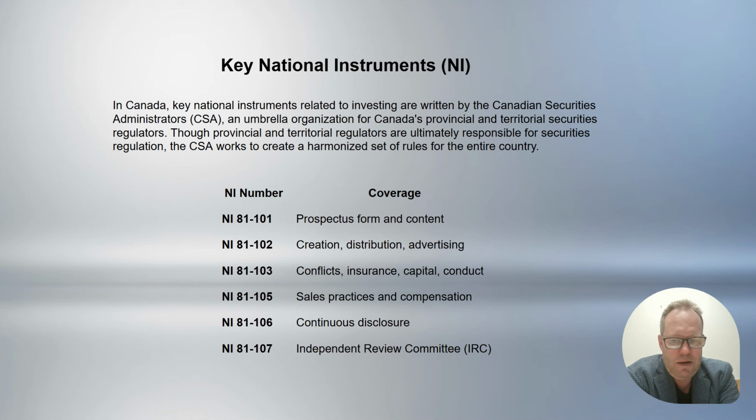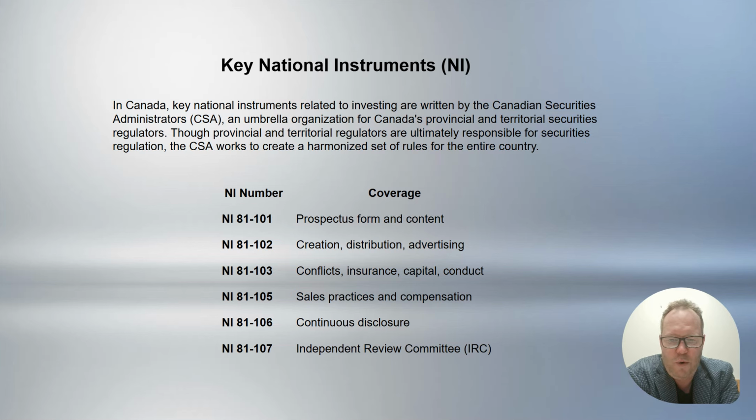I would highly recommend you go through these 6 national instruments and understand them. Here, I'm simply going to briefly discuss what the main point is of each one, but I would recommend going into a little more detail in your textbook to be a little more familiar. NI 81-101 covers the prospectus form and the content. National Instrument 81-102 is creation, distribution, and advertising regarding mutual funds.